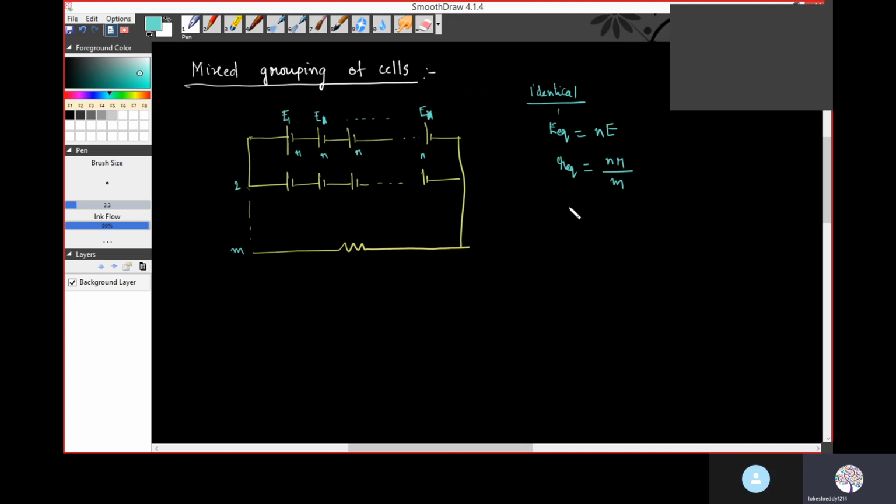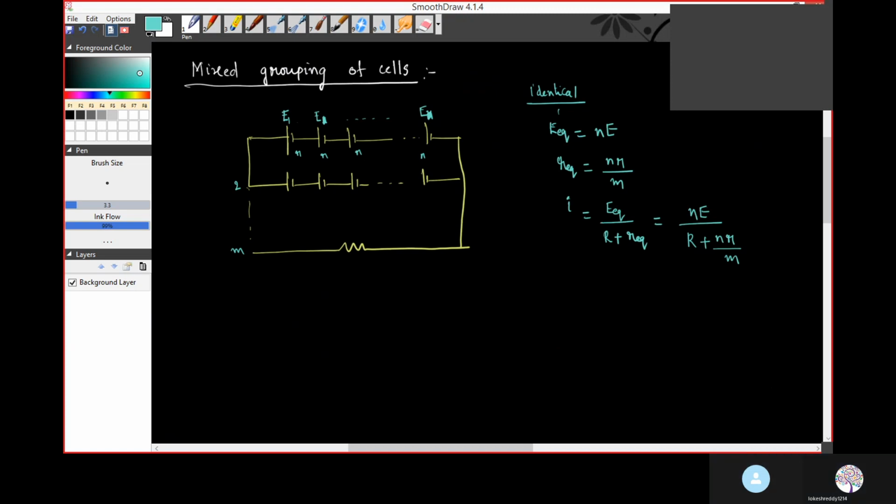Now the current flowing is I. I is equal to E equivalent by external resistance R plus R equivalent, that is I equals NE by R plus NR by M, where NR by small m is the equivalent internal resistance. That gives the total current.